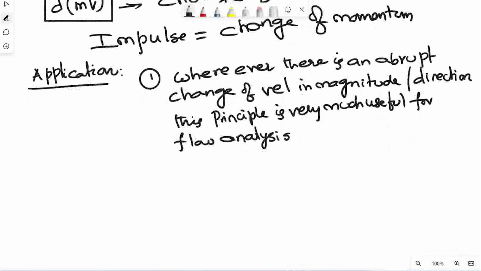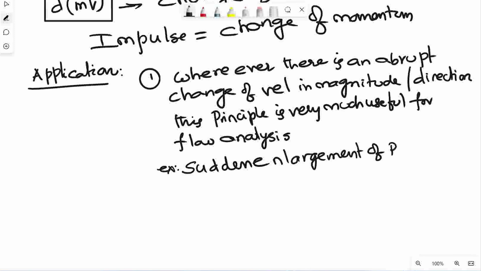You can ask me where such things will come up. For example, wherever there is an abrupt change, such as sudden enlargement of pipes, or hydraulic jump in open channels.